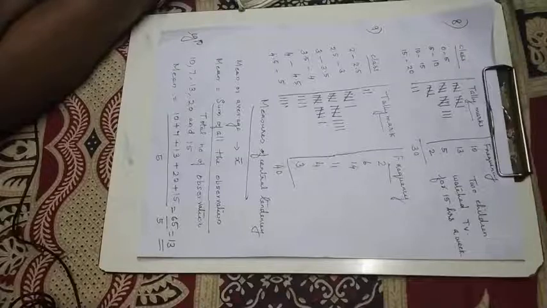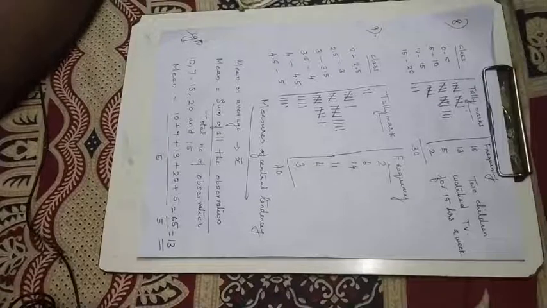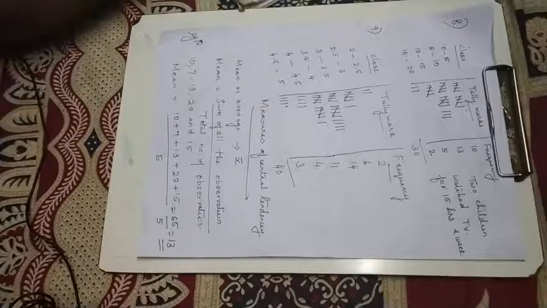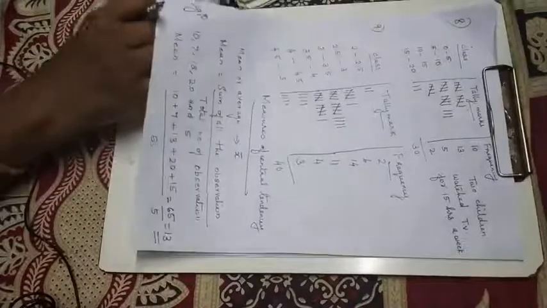You have to make use of that table and prepare the frequency distribution. You have to prepare the table first, then you have to calculate the average.